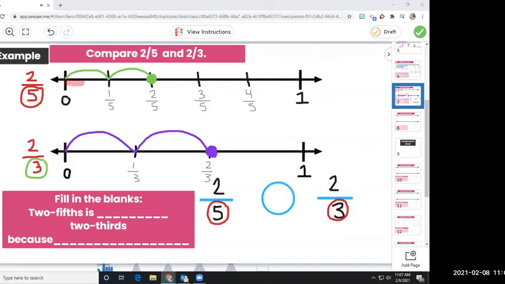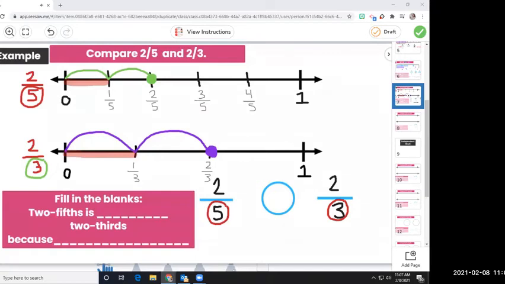However, let's pay close attention to each unit fraction. I notice the 1/5 piece is smaller, is less than 1/3. This makes sense because in the top model, there are 5 equal parts, but in the bottom model, there's only 3.